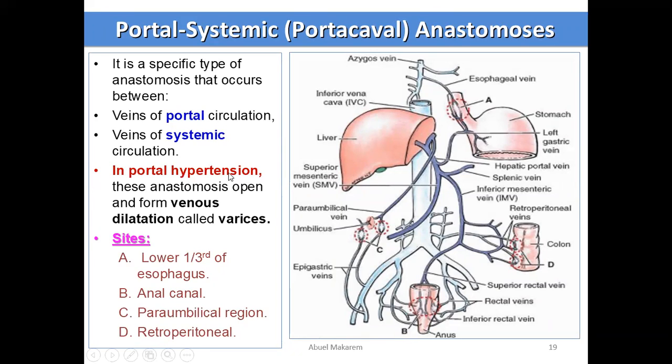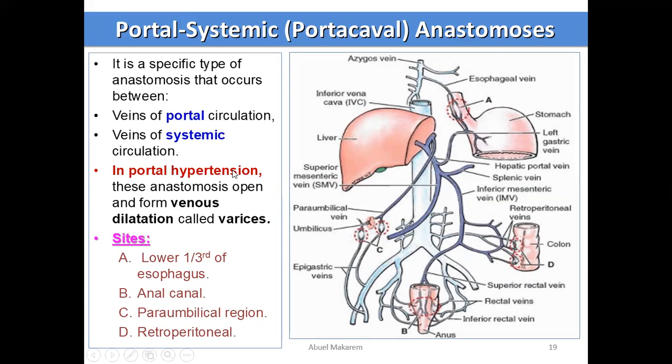In portal hypertension, these anastomoses open and form venous dilatations called varices. As you can see here in the lower part of the esophagus, here is the portal vein. The portal vein usually drains into the liver. If there is any pathology in the liver that leads to non-flow of blood into the liver, there is backflow and increased pressure within the portal vein.